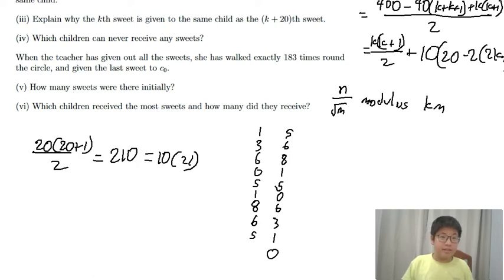So this is our period. Which children can never receive any sweets? Basically, these are the children who are not in the triangular residues list: 2, 4, 7, and 9.